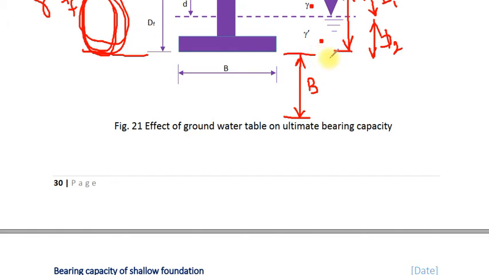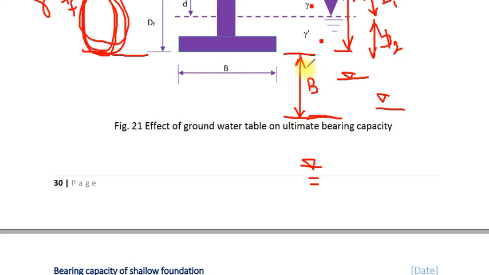It is located between the base of the foundation and a width B below the base of the foundation, at any location here, but not farther from the base of the foundation than a distance greater than B. If it is located within a distance B below the base of the foundation, this is the second case.